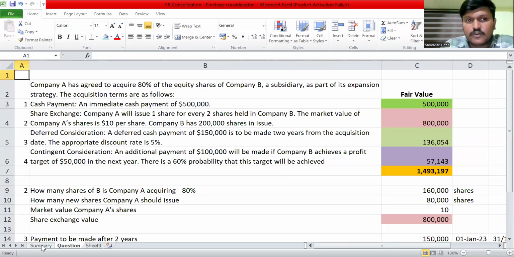For FR level, it could be either a cash payment, a share exchange, or a deferred consideration, or sometimes they will give you all four, or sometimes three or two, based on the question requirement. So this is how you will be calculating it.